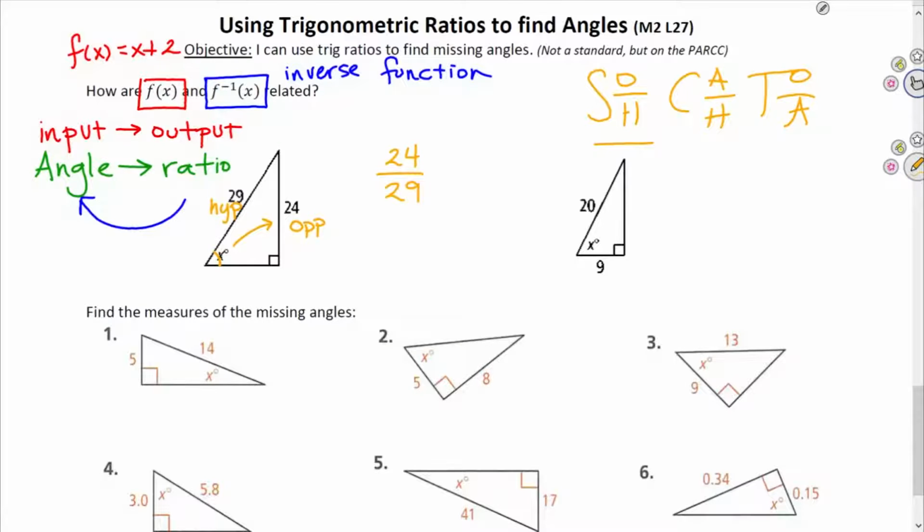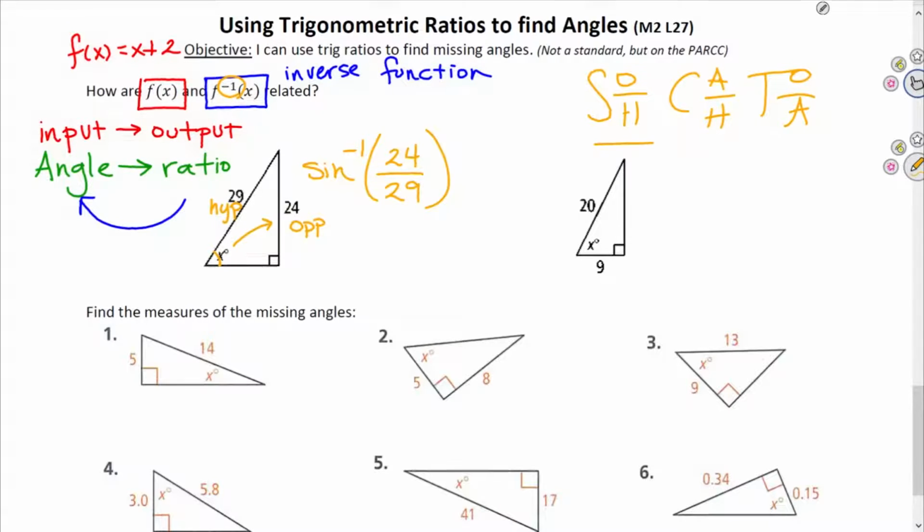But I have the ratio, and I want to know the angle, so I use the inverse sine, which is written as sine to the negative first power, using this notation right here. Your calculator or your phone probably has the inverses as well, if it has sine, cosine, tangent. Make sure you're in degrees.